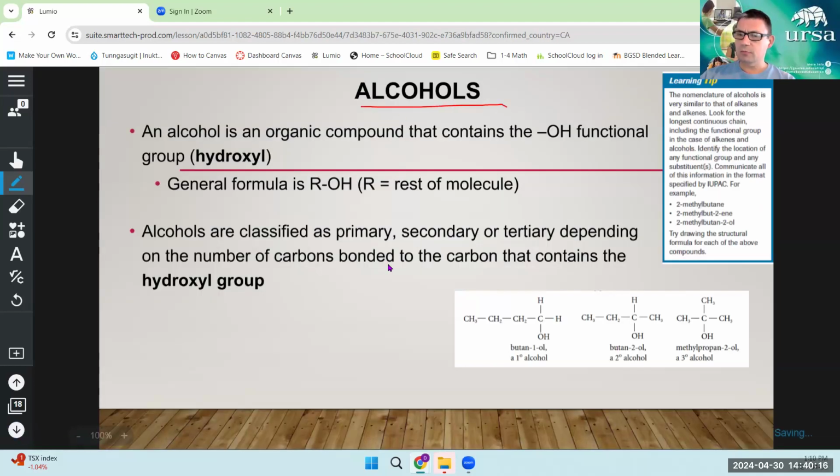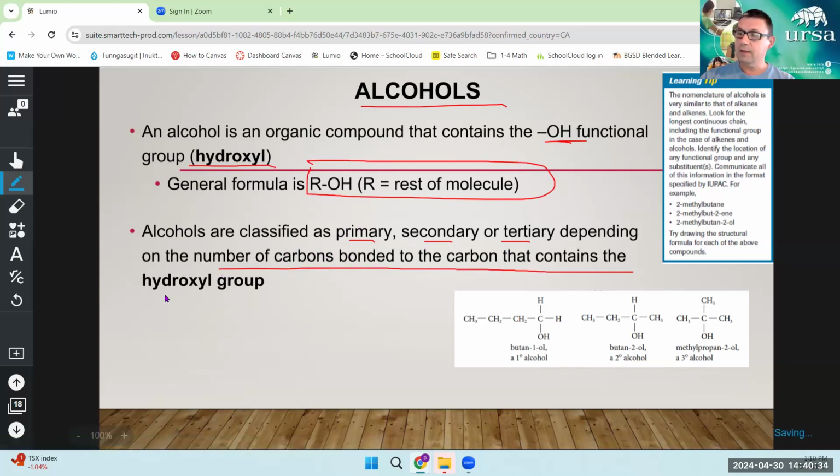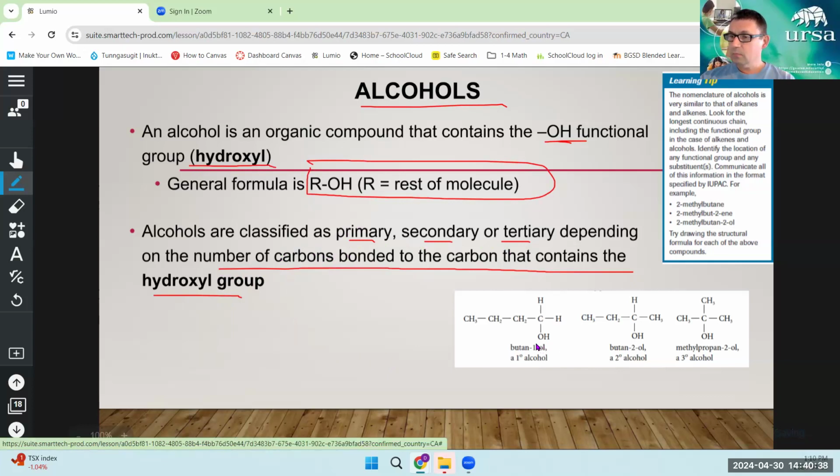This brings us now to the next group, the alcohols. The alcohols contain an OH functional group, or a hydroxyl group. The general formula is R, the rest of the molecule, attached to this hydroxyl. Now, they'll be primary, secondary, or tertiary, depending on how many carbons are bonded to the carbon that contains the alcohol. For example, this one here is terminal.